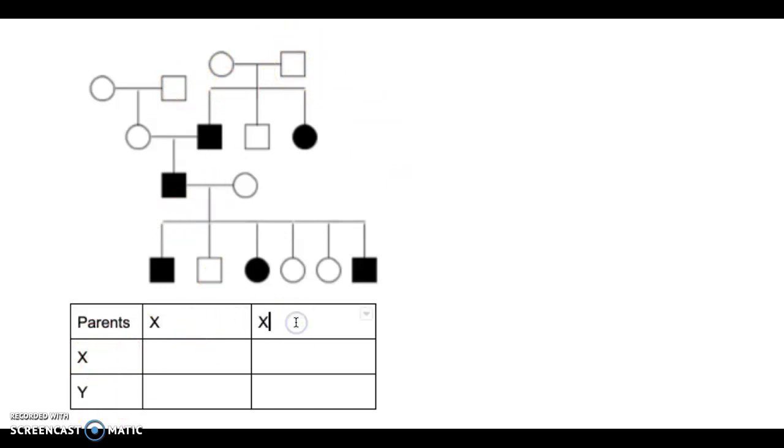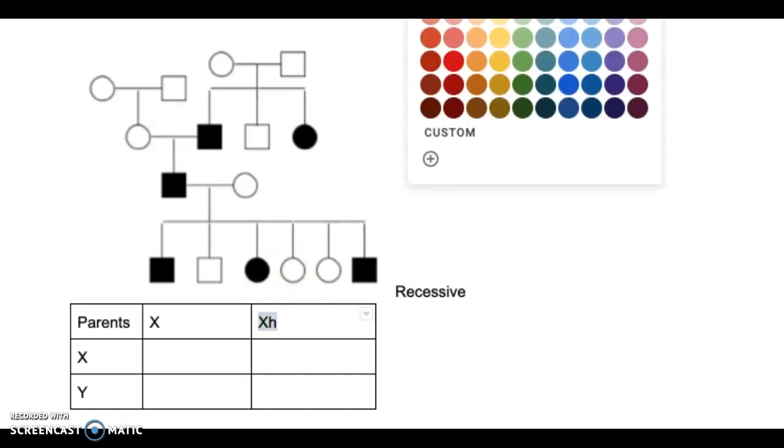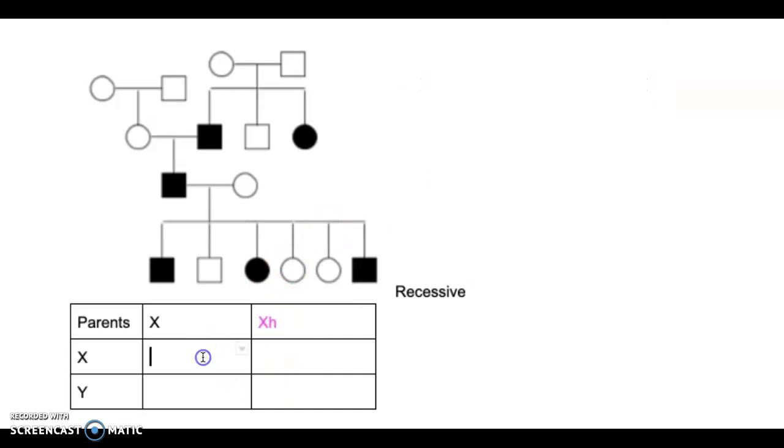It has to be carried on the mother's second X chromosome because remember, we've already identified it is recessive already. Okay, so it has to be carried on the mother's. Now, we're going to work out the probability of this family having a daughter and a son that is infected.